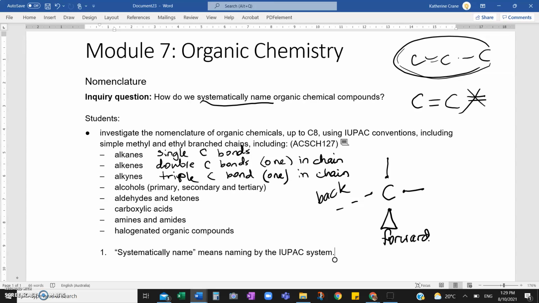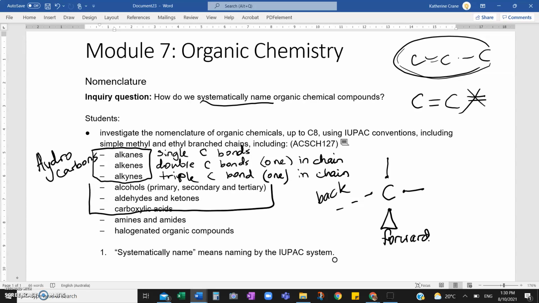All right, so moving on. So they're all our alkanes. These are all hydrocarbons, because they're hydrogen and carbon. The next group we're going to look at are these ones: alcohols, aldehydes, ketones, and carboxylic acid. These have oxygen in them.